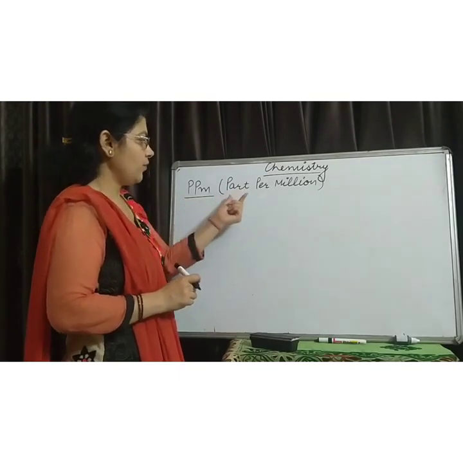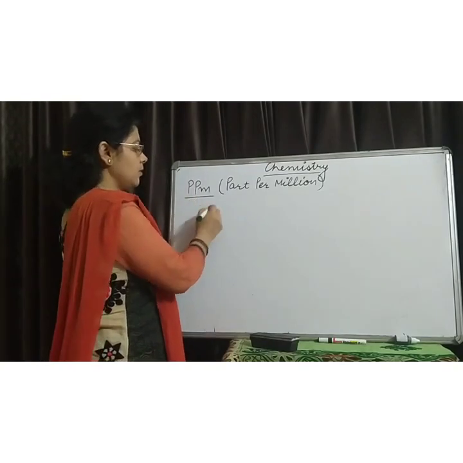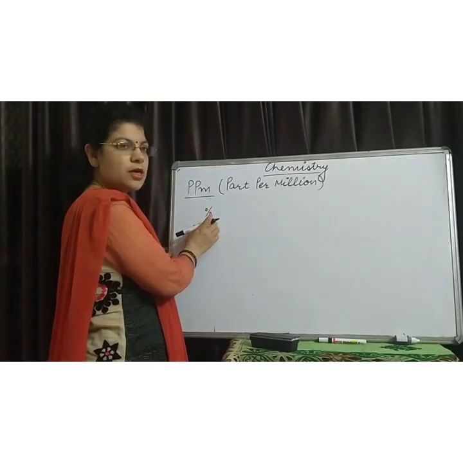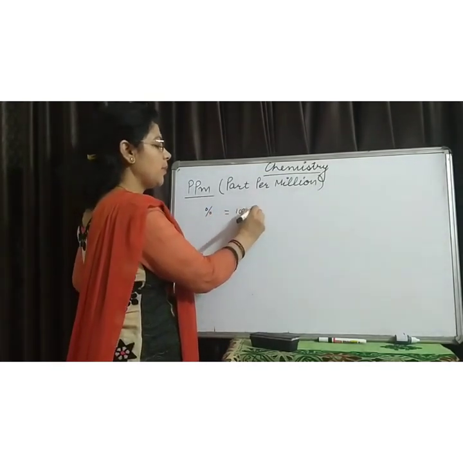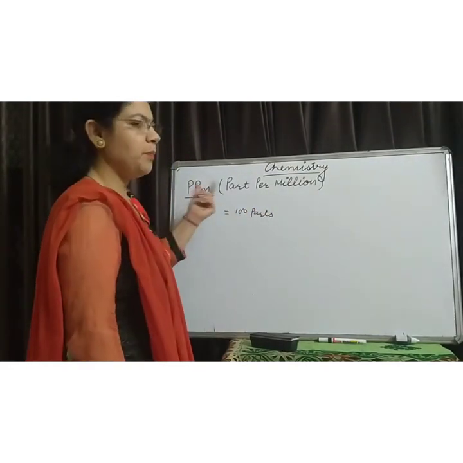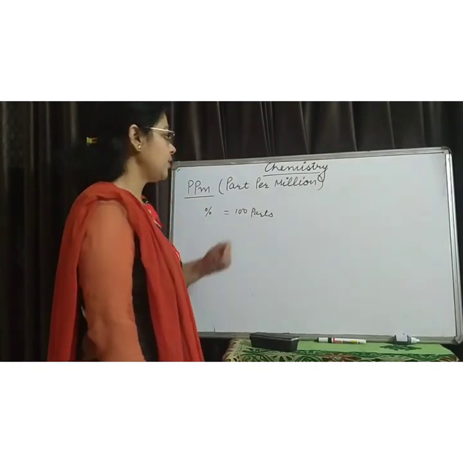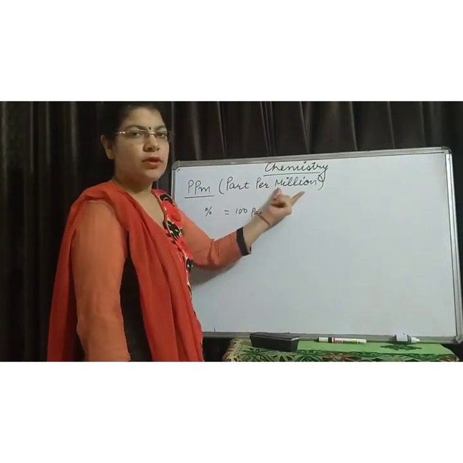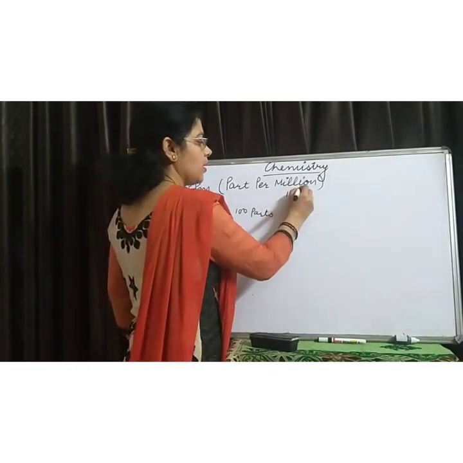How do we define ppm? Just like percentage means the mass of the substance present in 100 parts, similarly, ppm means the mass of the solute or the mass of the component that should be present in 1 million of the solution. 1 million means 10 raised to power 6.